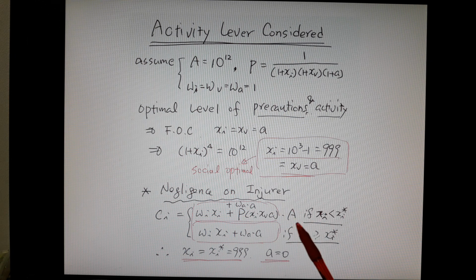So when there's an accident, because the injurer was careless, he should be responsible. On the other hand, if he was careful enough, xi is bigger than or equal to xi star, the injurer is not responsible for the damage anymore. Therefore, his cost function is Wi xi plus Wa a.